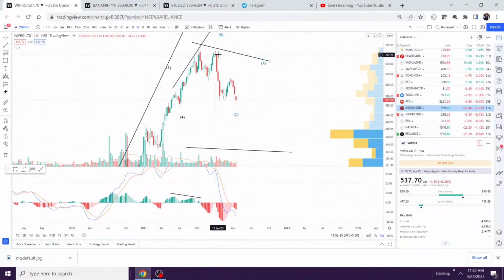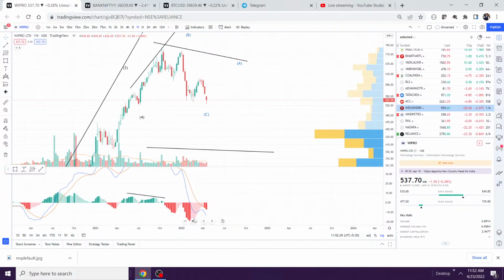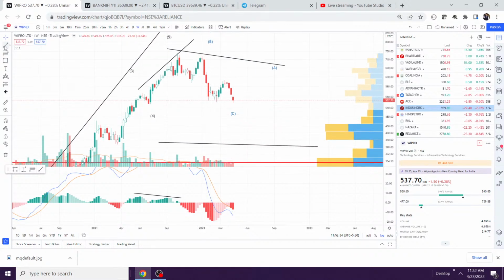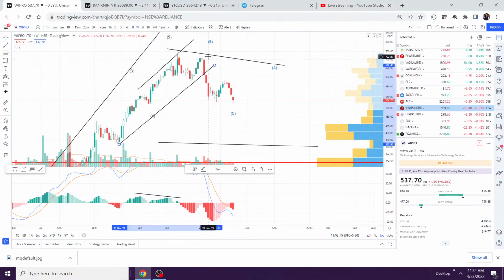You can see this is a very fast move. This is not a correction, but a very fast move, so this is known as a flat. After the impulse is over, you get a very fast move to the downside, and this will get over once price gets below this.